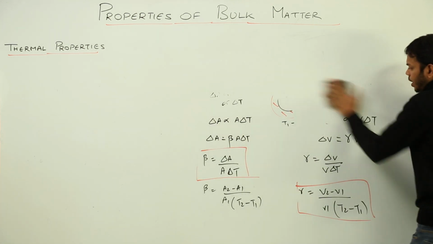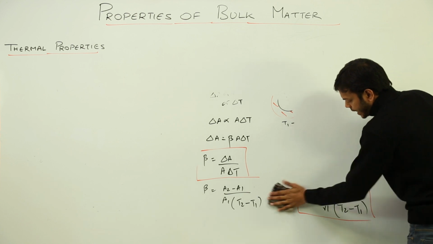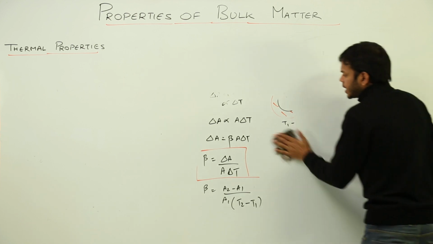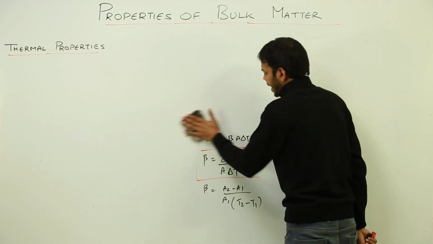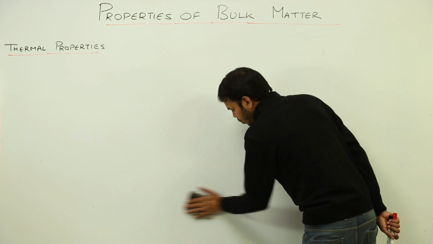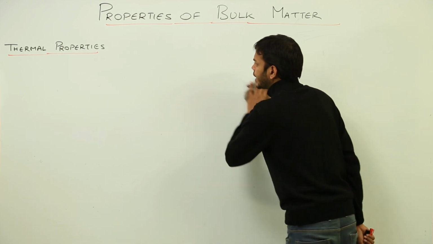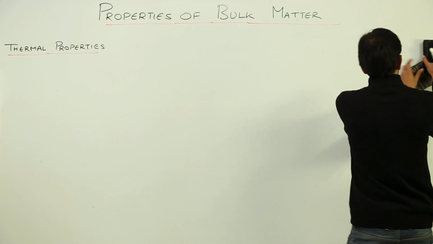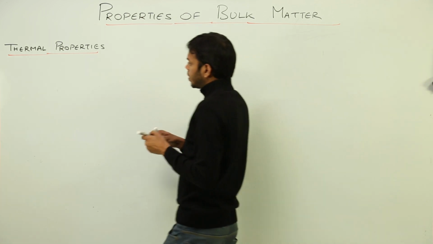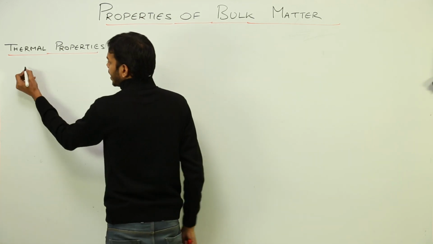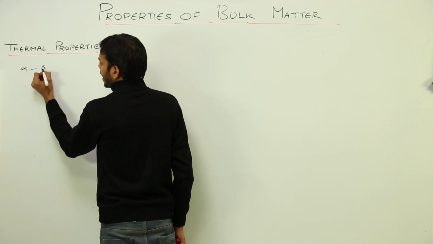Okay, for that what we are doing, consider a cube. You can start writing, consider a cube of length L, right? So the area would be L square and the volume would be L cube, right? So we have to find a relation between alpha, beta and gamma.